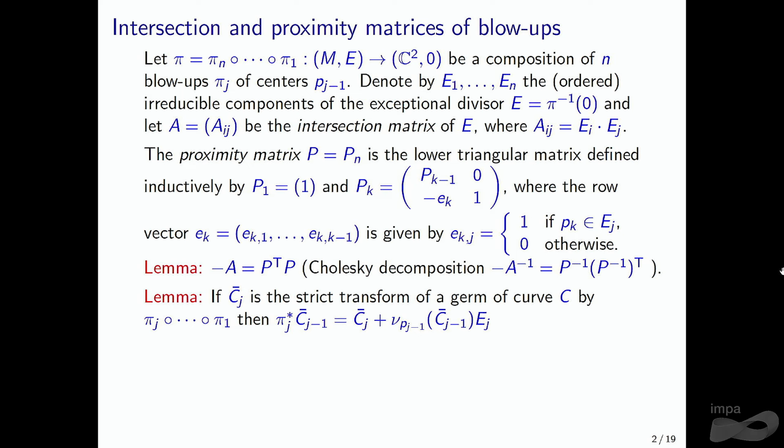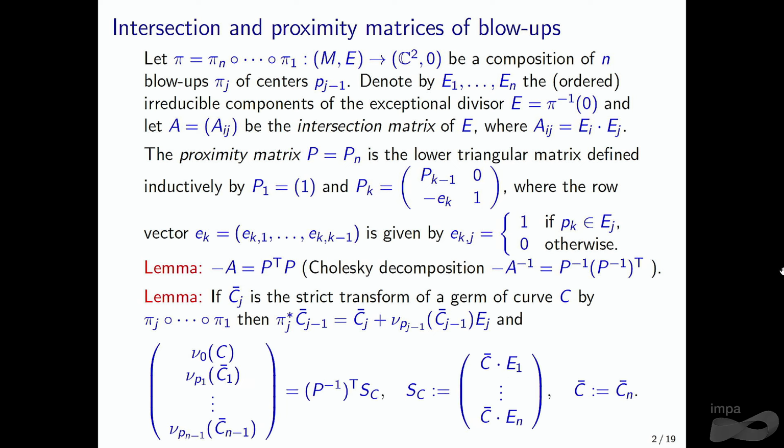If we have a germ of curve, we can consider the strict transform by the composition of the first J blow-ups, and take the pullback by the next blow-up, and we obtain the next strict transform plus the algebraic multiplicity times the new exceptional divisor.